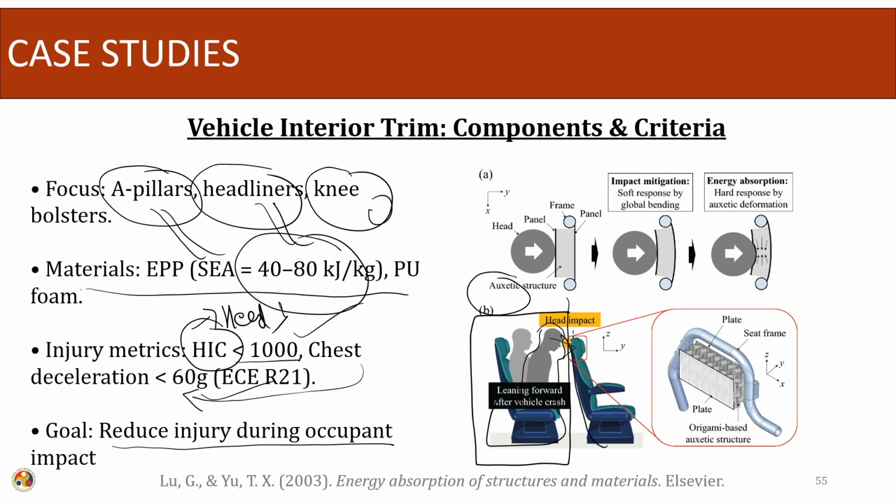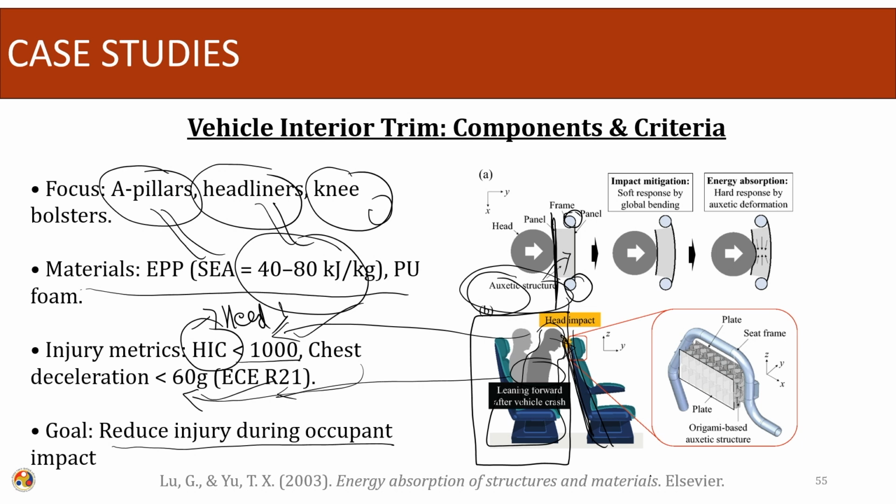This chair is designed so that the head injury criterion is less than 1000, and the deceleration which occurs in the chest is less than 60 G. The back of this seat will have a panel. The interior will be made of an auxetic structure, and it will be held by some sort of framing system.